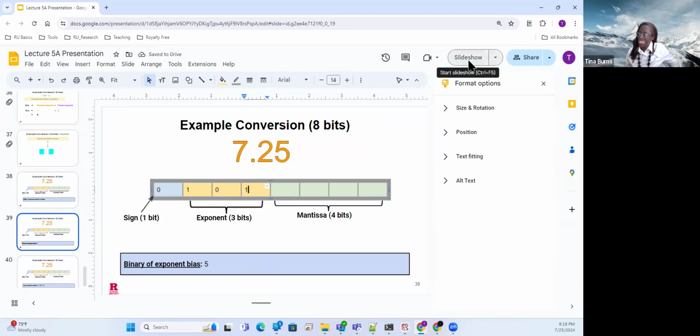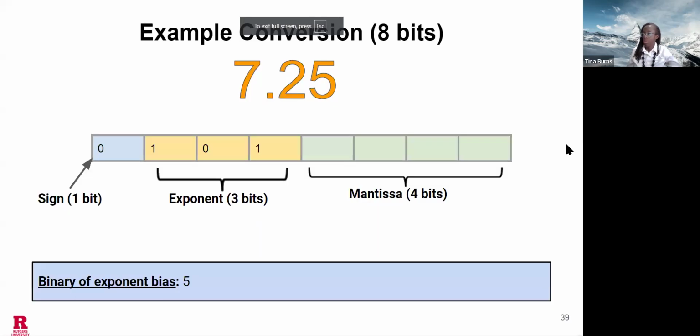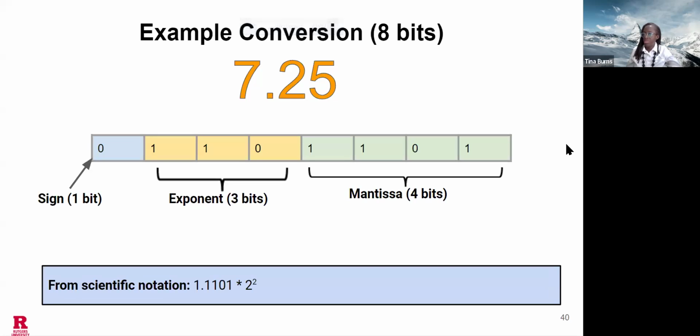All right, so that's 1, 0, 1. And then our mantissa bits, those are what we already calculated here. It's going to be 1, 1, 0, 1. And that's it. That's the 8-bit representation of this particular number.